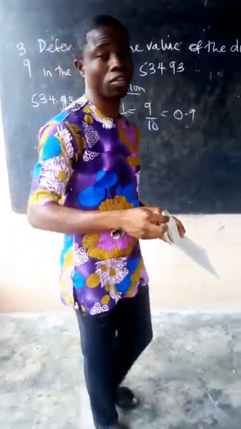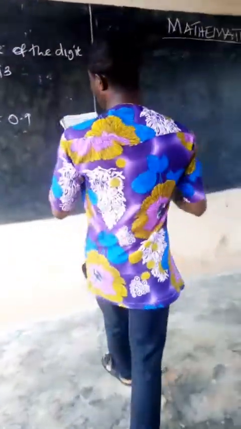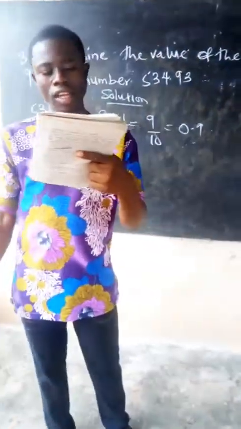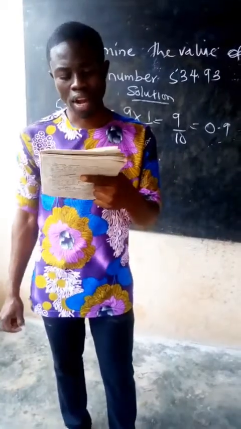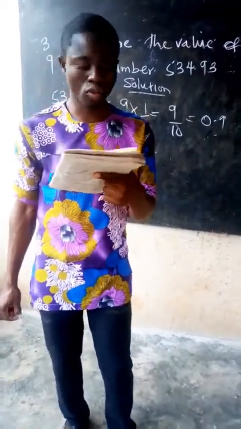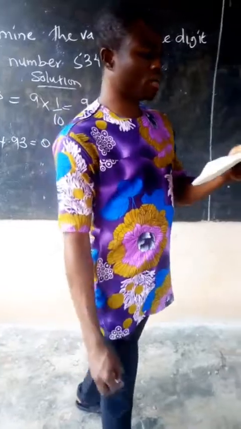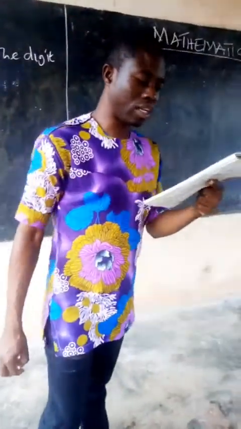We are moving to the fourth example. The question says, what is the value of 2 in the number 689.125? We are coming to find the value of 2 in the number.